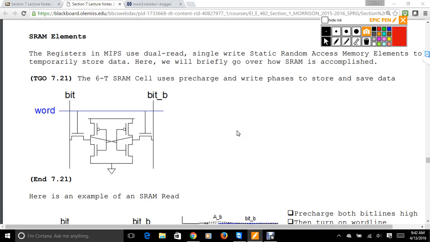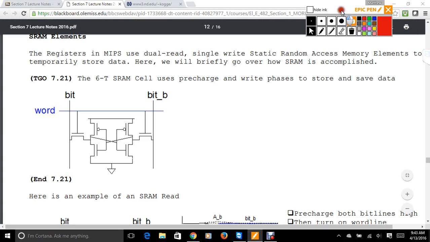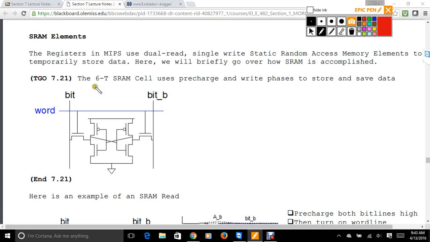Okay, so I want to kind of also quickly go over how SRAM cells work. So basically, in MIPS, we talked about how these registers will dual read, single write SRAM cells. And so this 7.21 is a 6T, which means 6 transistor cell. So we have 2 inverters here, and then they are both controlled by 2 NMOS gates.